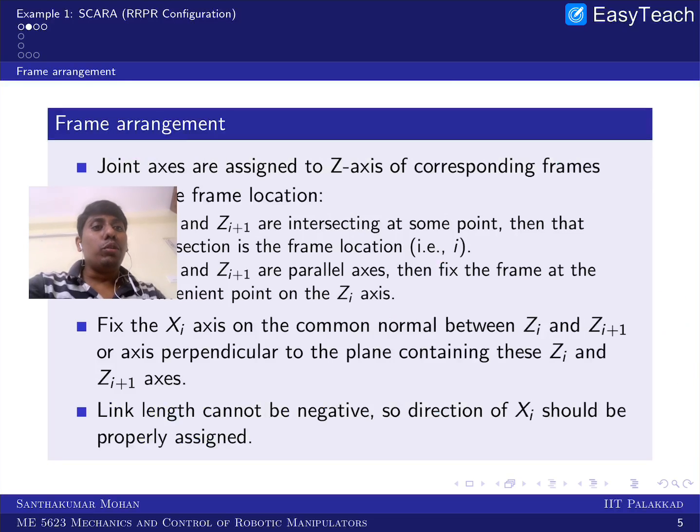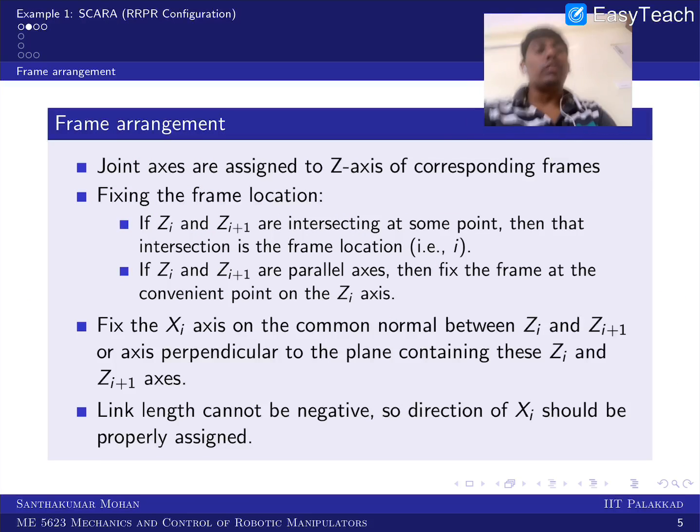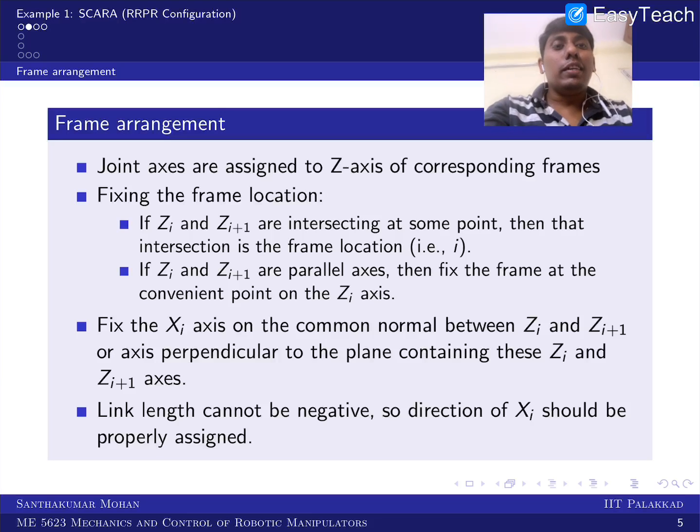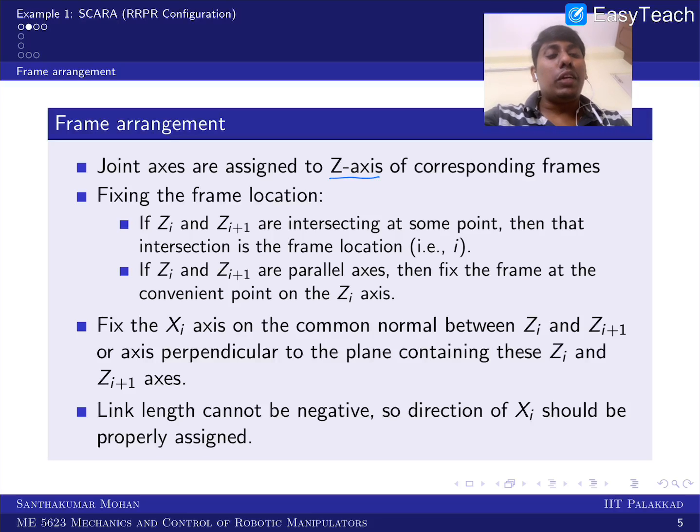Before going into this, I'll give a small recap. While fixing the frame arrangement, first we have to fix the z axis to the joint axis, which you all know. Second, we need to find the frame location.